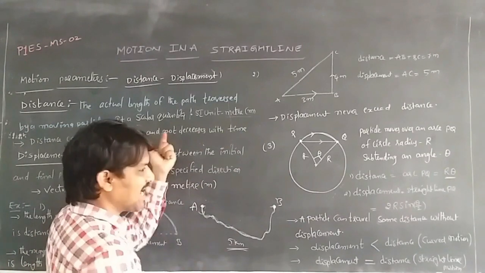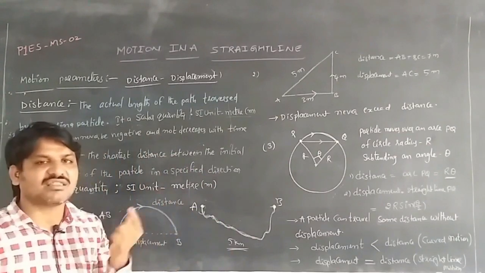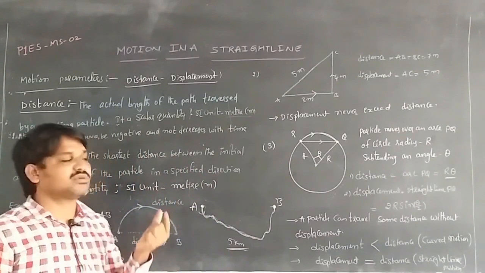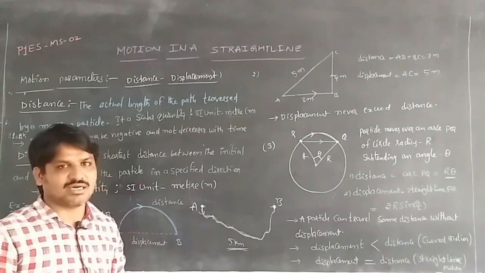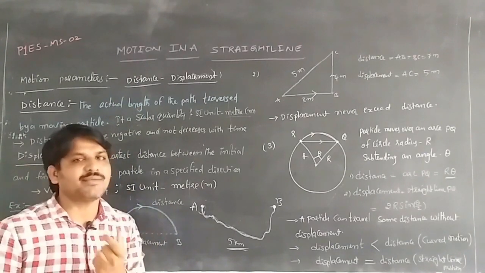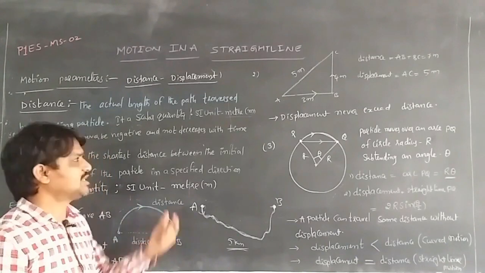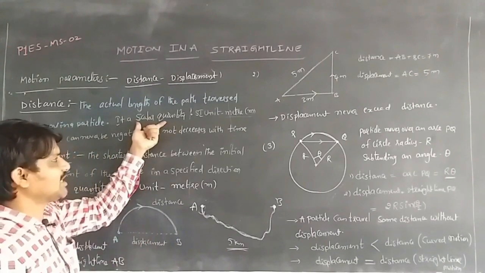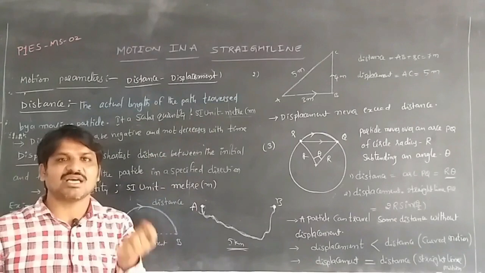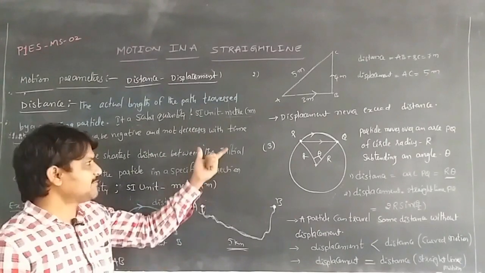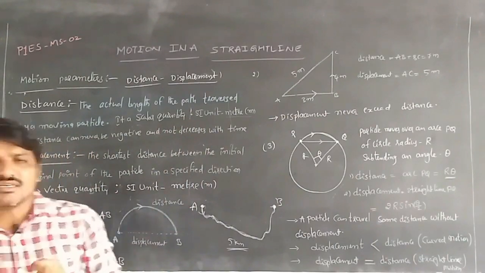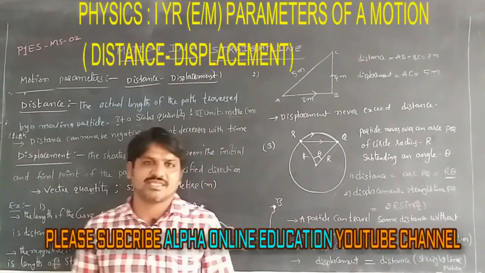Once again, the actual length of the path traveled by a moving particle is called distance. It has only magnitude, no direction, so it is considered a scalar quantity. Its units are centimeter, meter, and kilometer, and the SI unit is the meter. Distance cannot be negative.